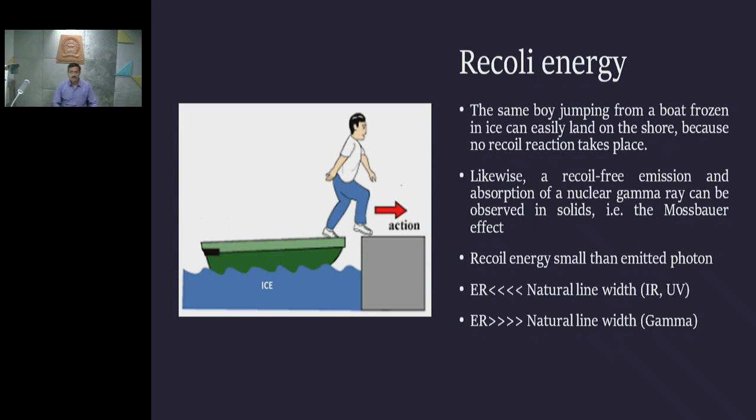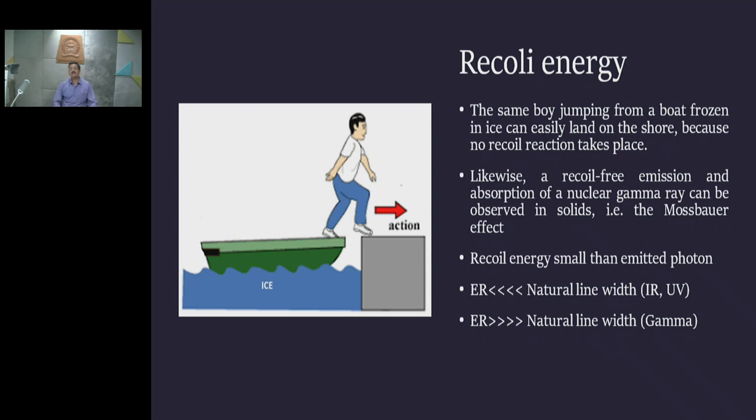Why do we have to go for this phenomenon? In other spectroscopies, there is no need for such a solid matrix. The reason is that recoil energy is very small compared to that of the emitted photon. So ER is very small compared to the natural width in IR and UV.